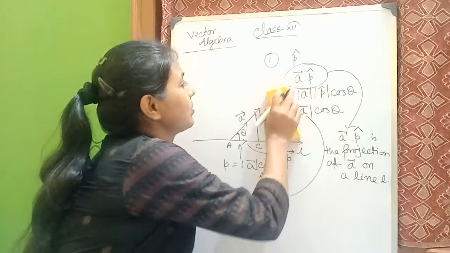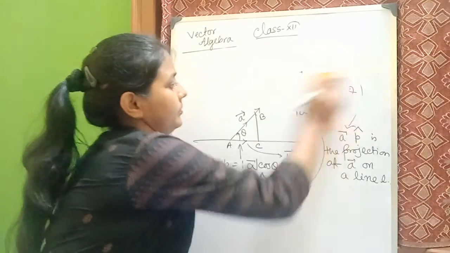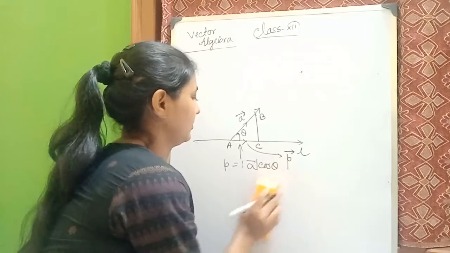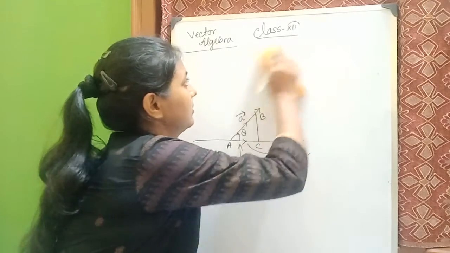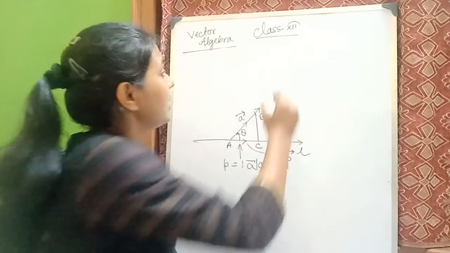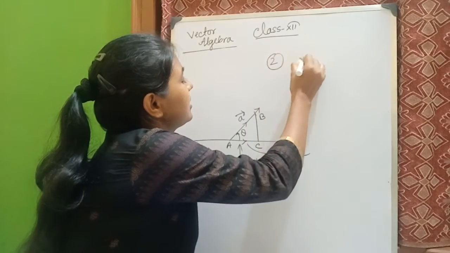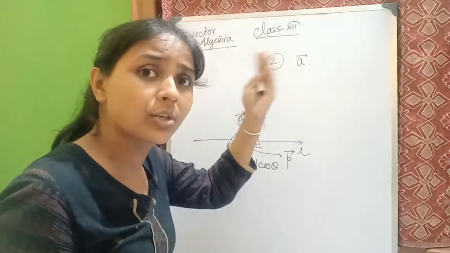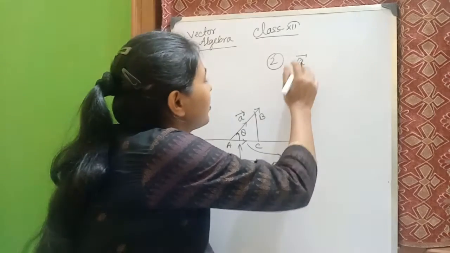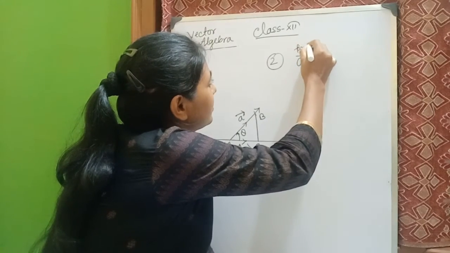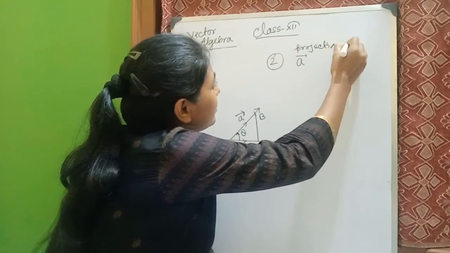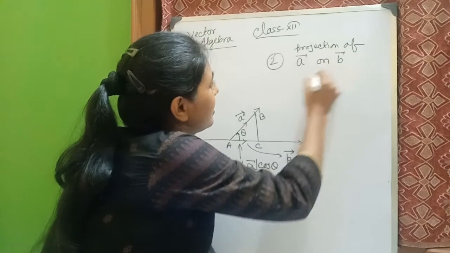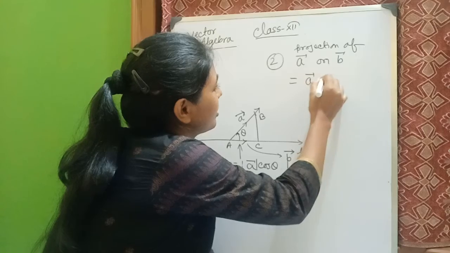Then the second observation, which is an application of the first observation. Projection of A vector on B vector equals A dot B cap.